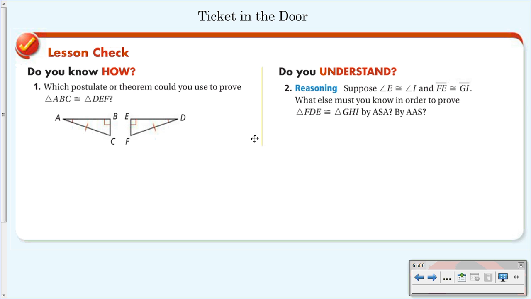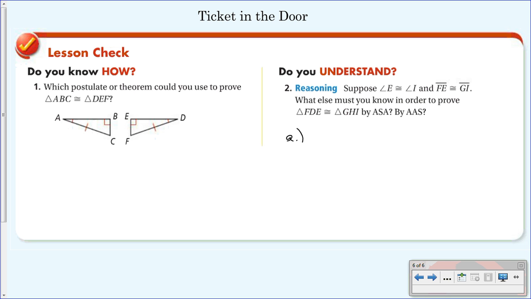And number 2, suppose angle E is congruent to angle I, and side FE is congruent to side GI. What else must you know in order to prove triangle FDE congruent to triangle GHI by angle, side, angle and by angle, angle, side?